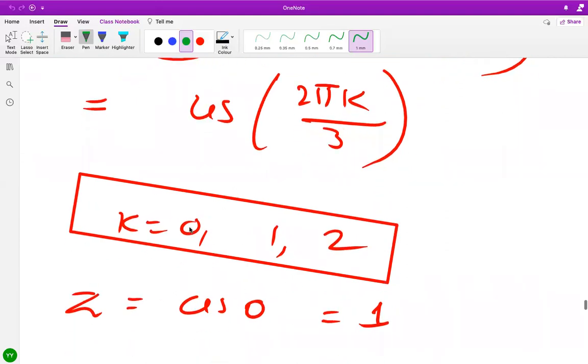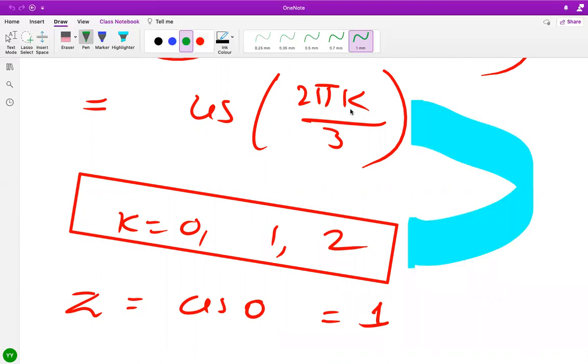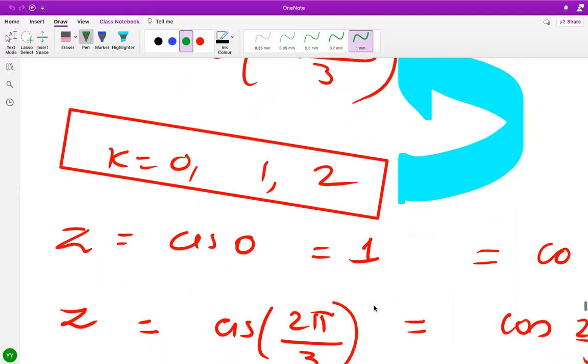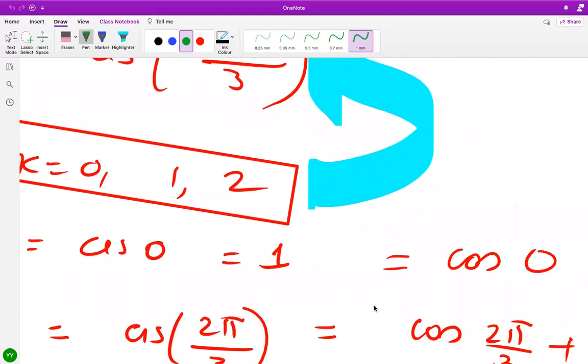So if I take k as 0, I get the first answer as cis 0, which is obviously 1. How do we know that? In simple language, I can write this as cos 0 plus i sine 0.